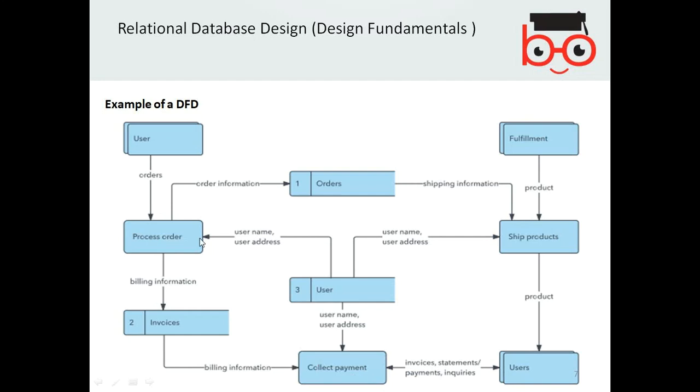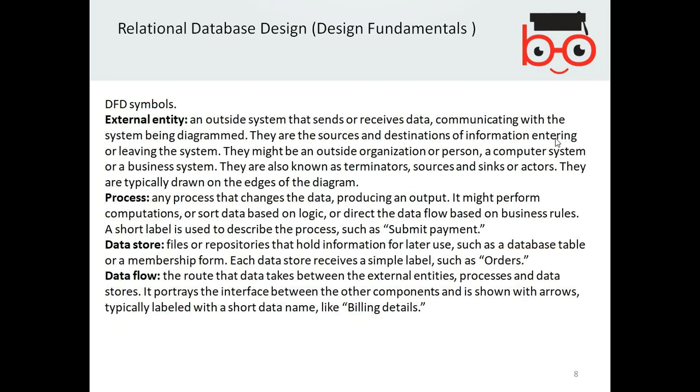You should be very much clear about which table can give the data to which table or entity. Obviously the entity becomes a table based on the number of attributes at the end, isn't it? Okay, so that's about the data flow diagram.